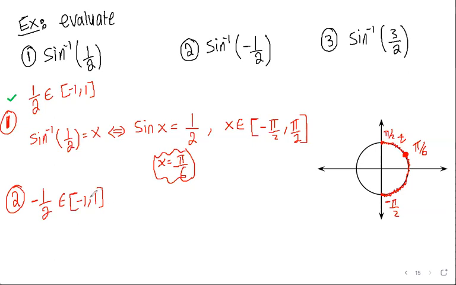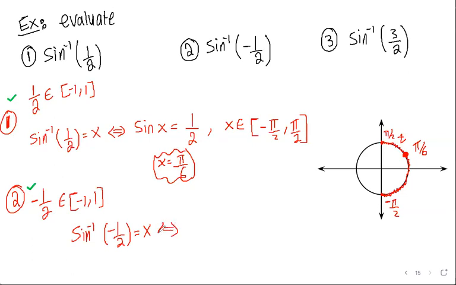Yes, so it's correct. I can't find the value of the sine inverse for this value otherwise, so I check, and it works. Now using the same properties, sine inverse of -1/2 equals x.